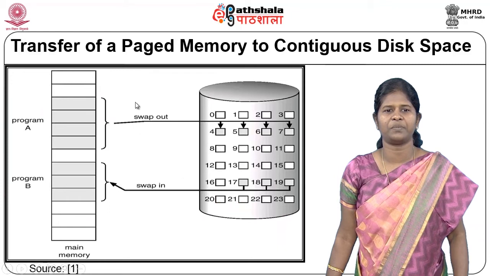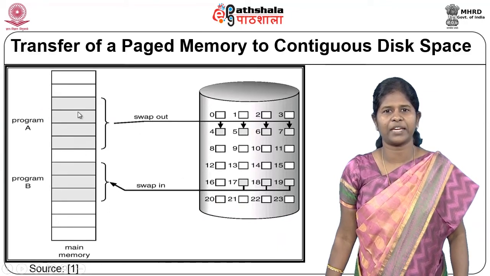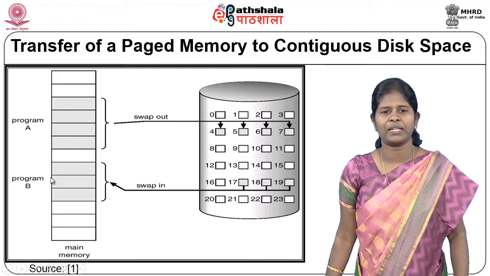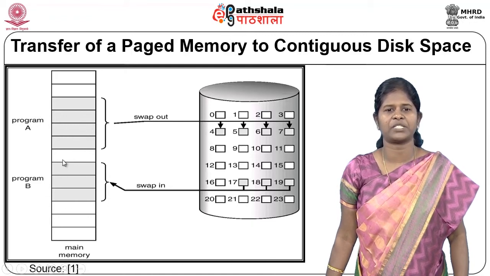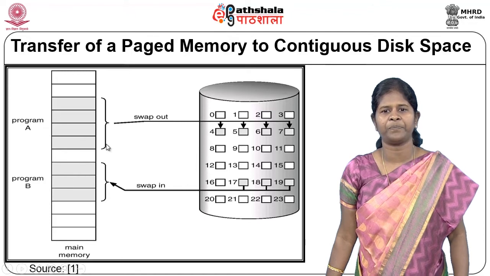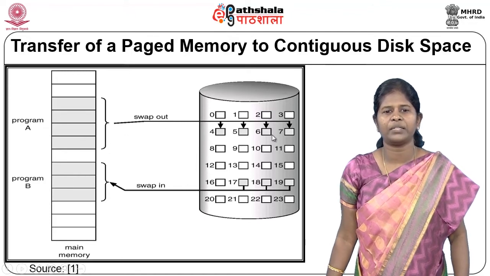So, in this diagram, say you have some space allocated for program A and some physical frames allocated for program B, and all this information is also kept in the secondary storage device.